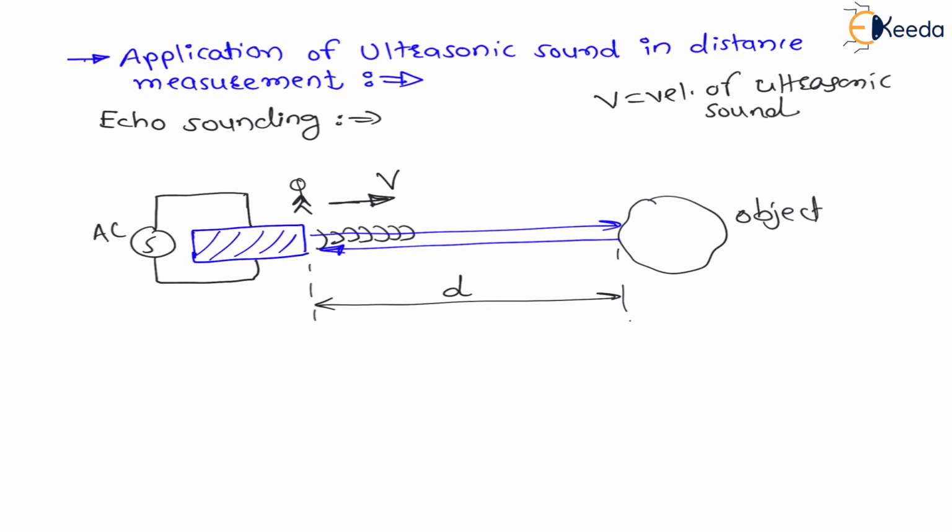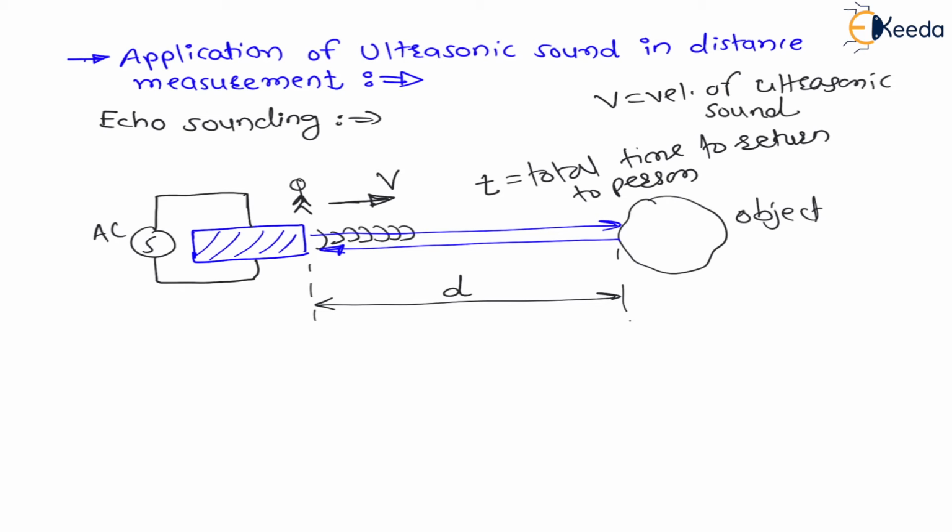Here the time from when the ultrasonic sound started traveling from this person to the object and came back to the person, this total time is called t. Total time taken by the echo to return to the person, right?